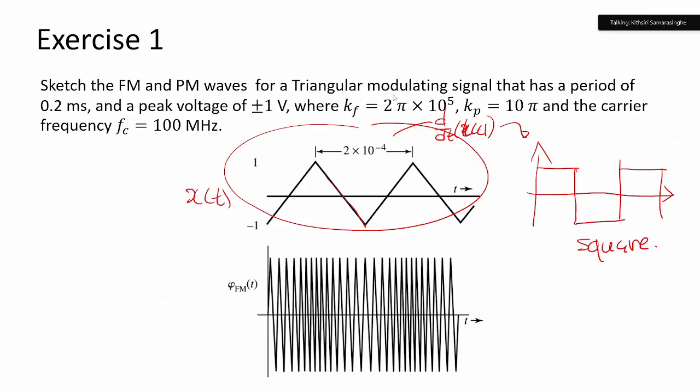According to our previous discussion, if x(t) is taken, integrated, and then fed to a phase modulator, you can get FM output, the indirect method. And we can do it the other way. If the given waveform is differentiated and then fed into a frequency modulator, you can get PM out. Right?